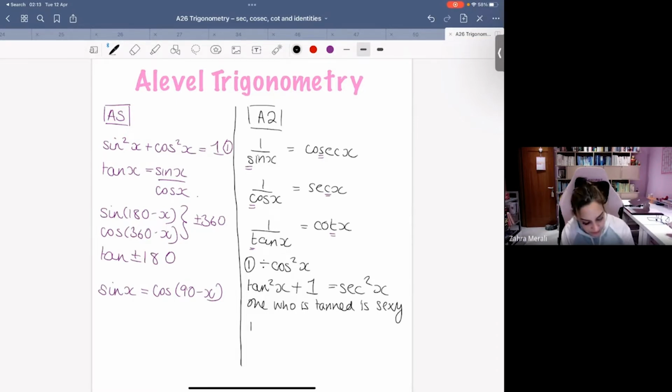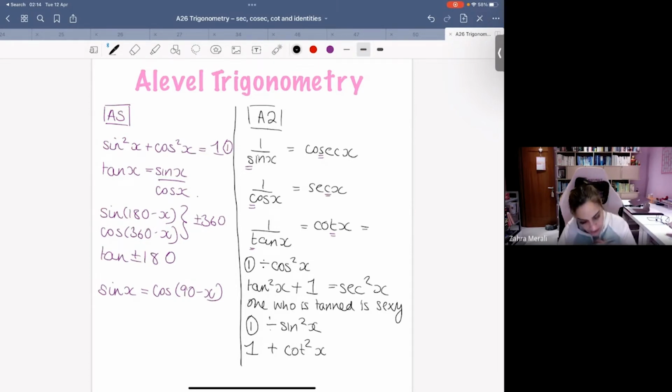And we can also take this equation and divide it by sine squared. So when we do that, we'll get sine squared divided by sine squared, which simply gives me 1. I'm going to have cos squared divided by sine squared, which is the opposite of tan squared, so that's cot squared x.